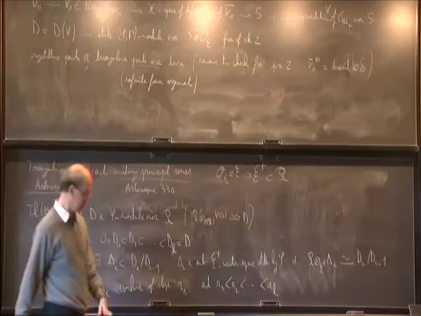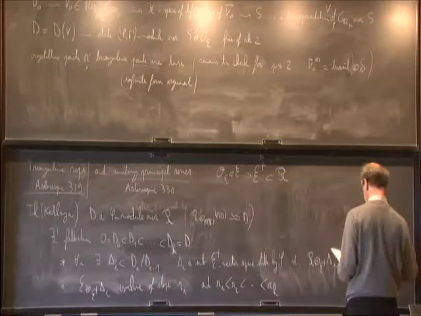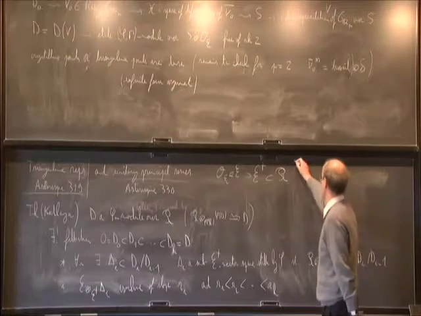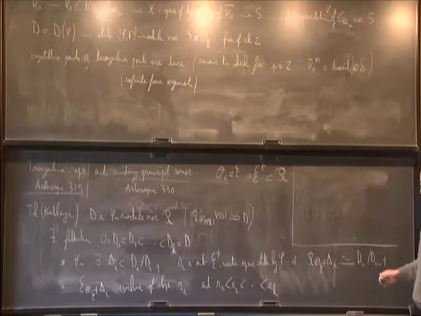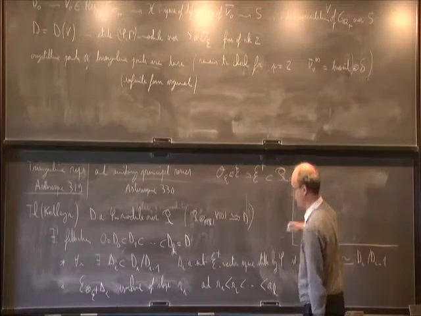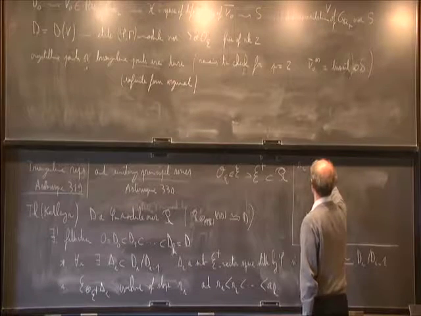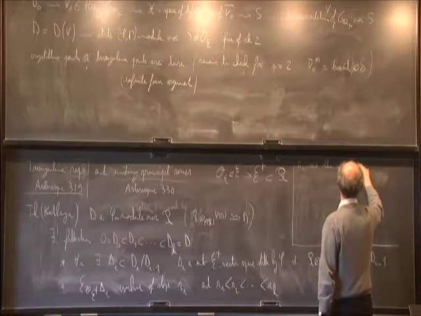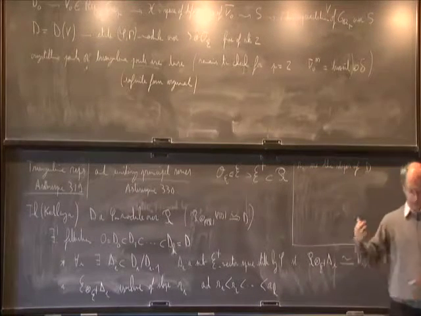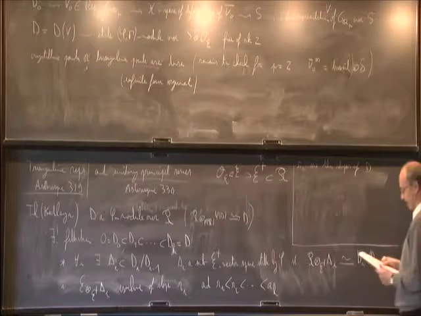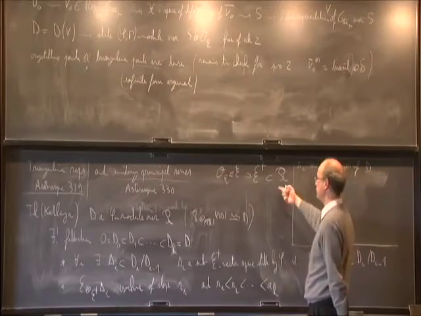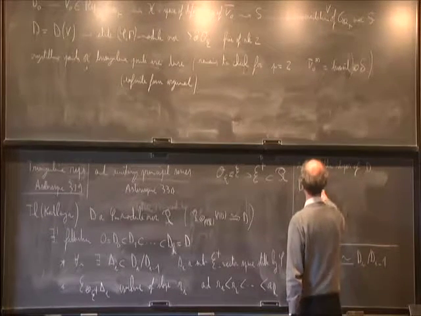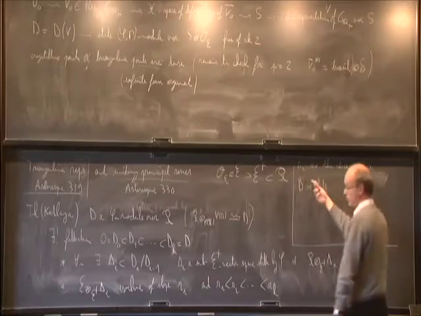So everything here is unique, and the r_i that appear here are called the slopes of D, the slopes over R. And the definition of étale now is that phi module D is étale if all the slopes are 0.